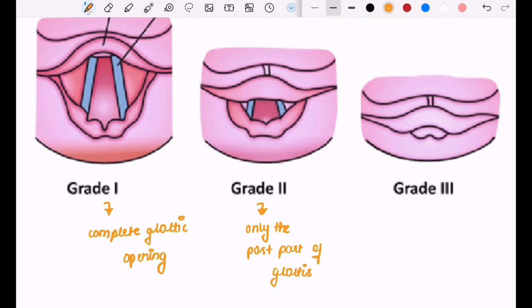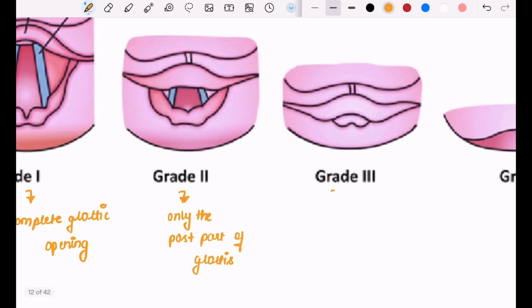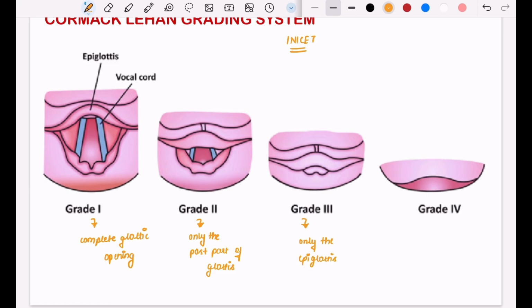In grade 3, we can see only the epiglottis. And in grade 4, no part of airways seen.